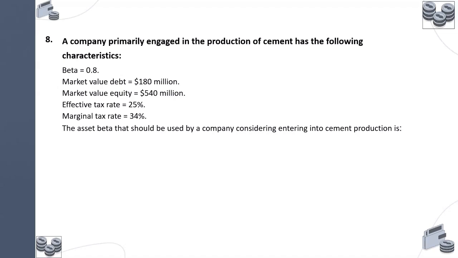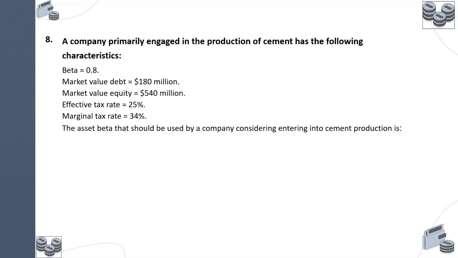What is meant by the asset beta is the beta without considering the debt. We have to remove the effect of debt and get the asset beta. Why do we do that in the first place?